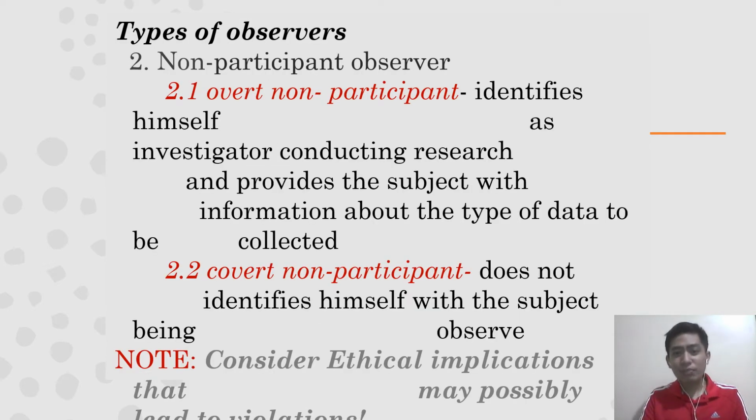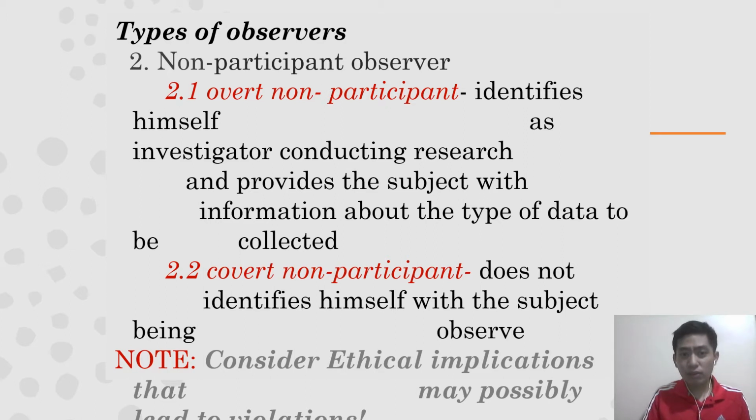So we have the non-participant observation. For the non-participant observer, we have the overt non-participant. You will divulge that you are a researcher and you only observe their practices and it is only a research.